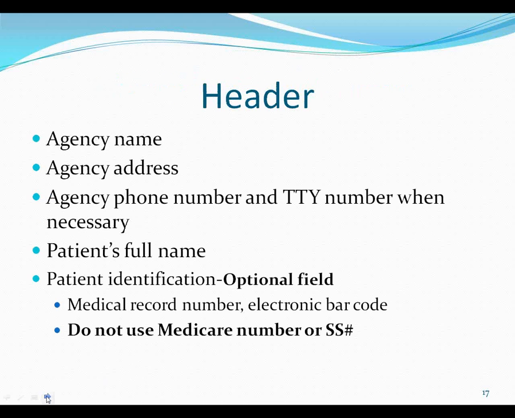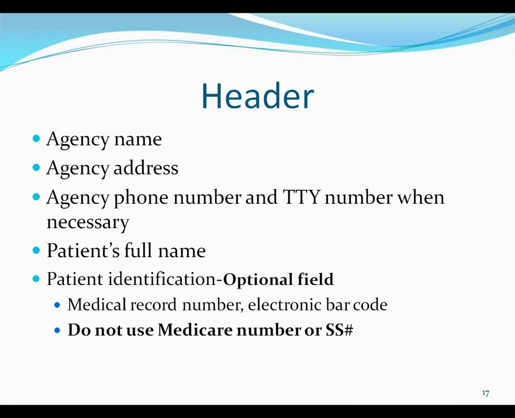So in the header, which is at the top, just above the title, you have your agency's name, address, a phone number, and a TTY number, which is for text phone numbers for the device for the deaf. And you would put the patient's full name. You see patient identification there.